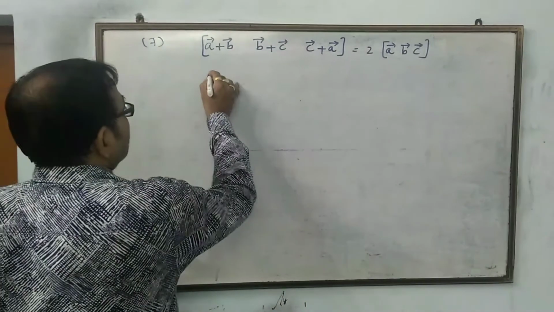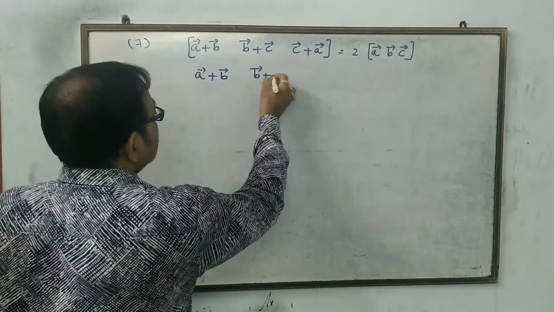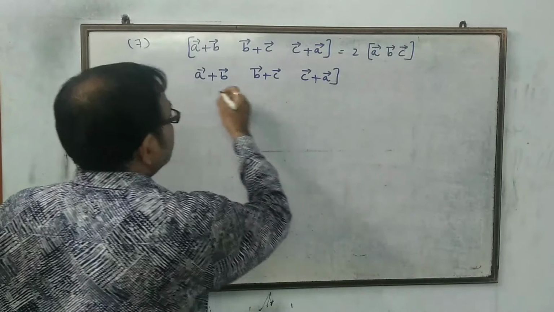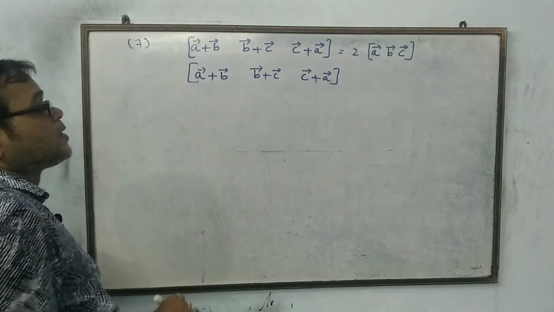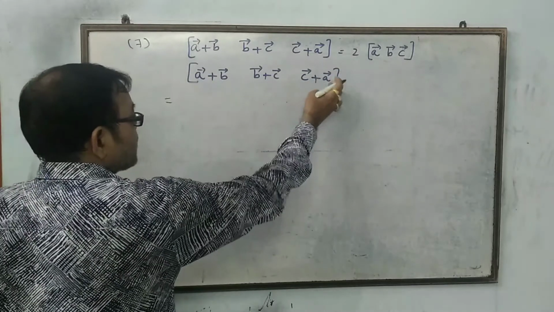At first, take the left hand side, A plus B, B plus C, C plus A in square brackets. Its meaning is that it is a scalar triple product, the sign of the scalar triple product.